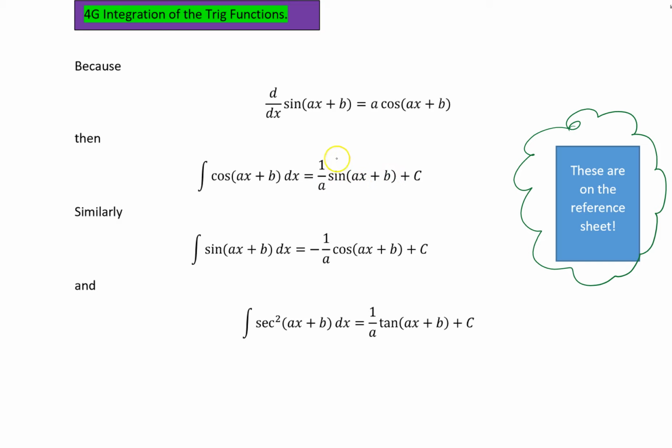I'm sure you can understand that not every answer is going to have a fraction at the beginning of it, especially, like we just said, if the coefficient of the x is a 1. So it's 1 on a sine, because when we differentiate sine, it goes to cos, plus c, of course.